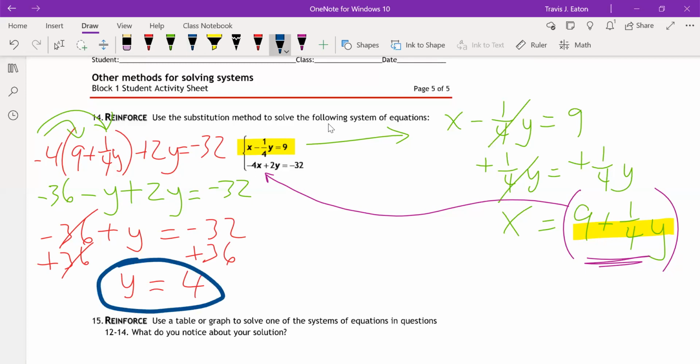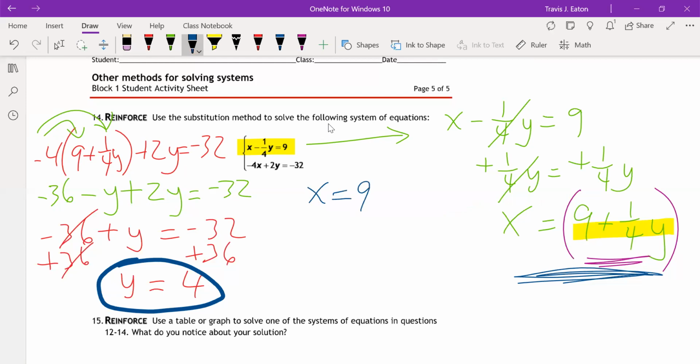So all I have to do now is take that y and put it back into this equation over here to find out how much x is. Let me get rid of this arrow here. Okay. So x is equal to 9 plus 1/4 times y, and y is 4.